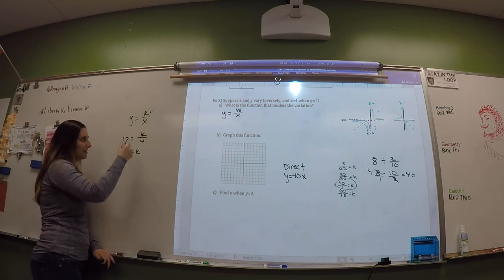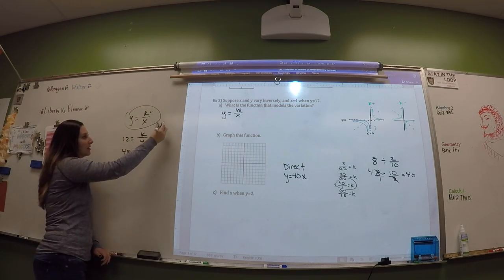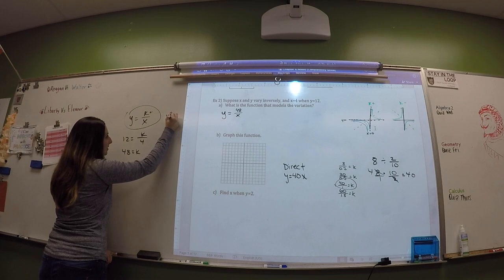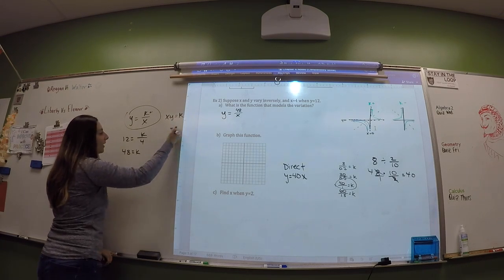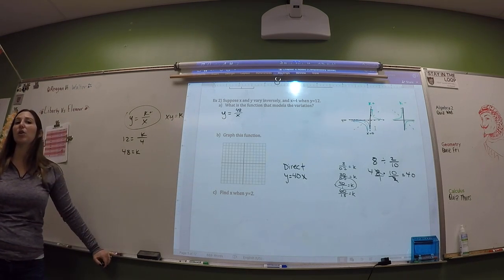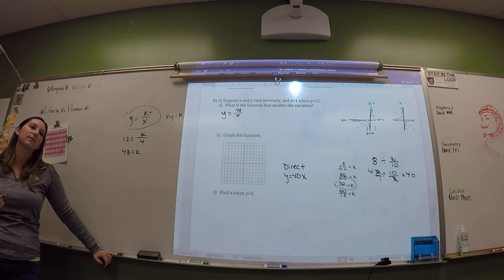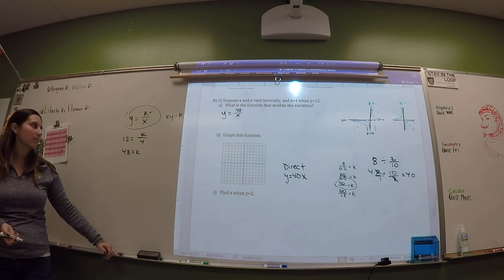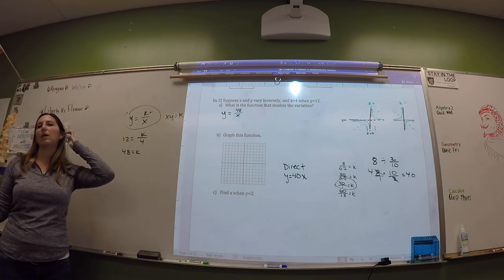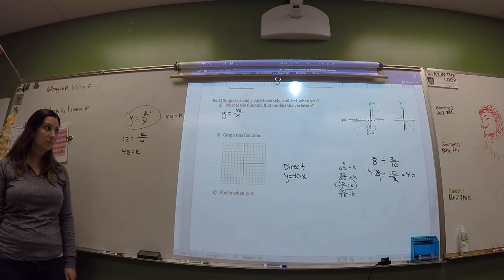Or you could memorize the fact that x times y equals k, and solve for k that way. Just take your x, take your y, multiply them together and get your k, and then plug it back in. Either way, it's the same math, and neither one's really easier or harder. This way, you're just memorizing one extra thing.